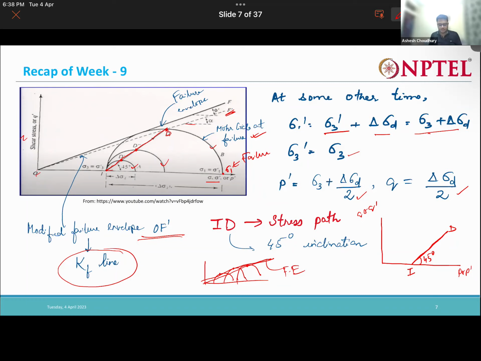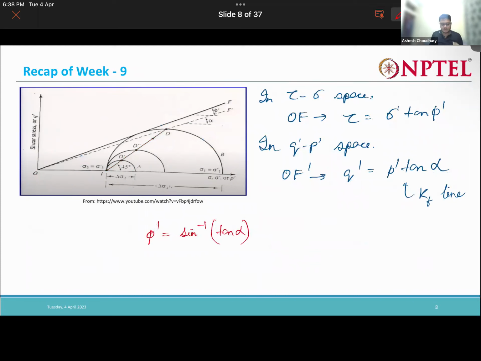Now, if you want to get some relation between phi and alpha, we can see from the geometry that phi dash is nothing but sine inverse of tan alpha. So if you know the Kf line, from the Kf line we can get our phi values.